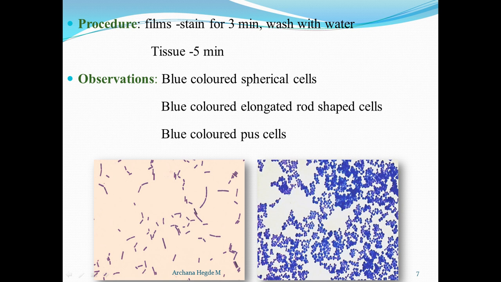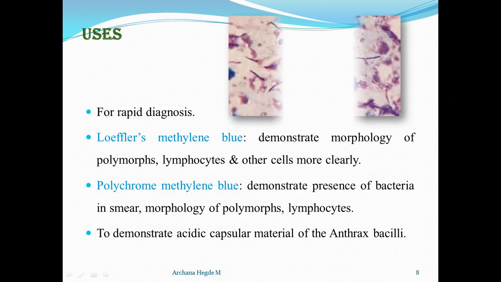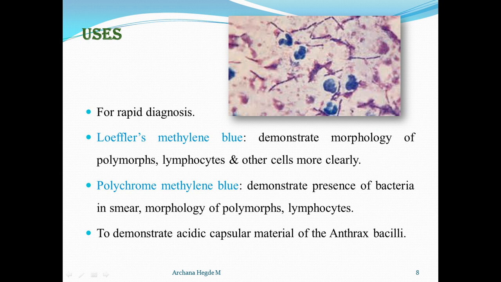Cocci can be in pairs, singles or chains. Coming to the uses, in this image we can see rod shaped bacilli in chains, and these are the cocci. Here it is used for diagnosis purposes.